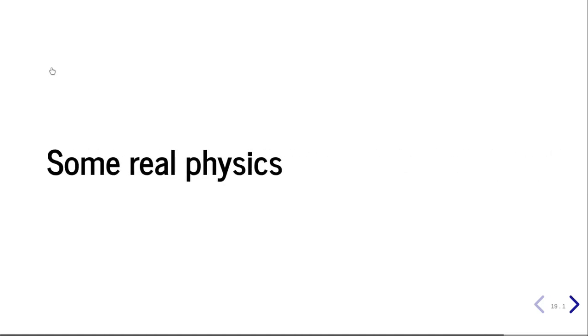Well, before that, we have to use some real physics. It turns out collision is much harder than adding gravity. Let's say we have 2 balls that are moving towards each other and they collide. Let's say this is the line along the center of mass.